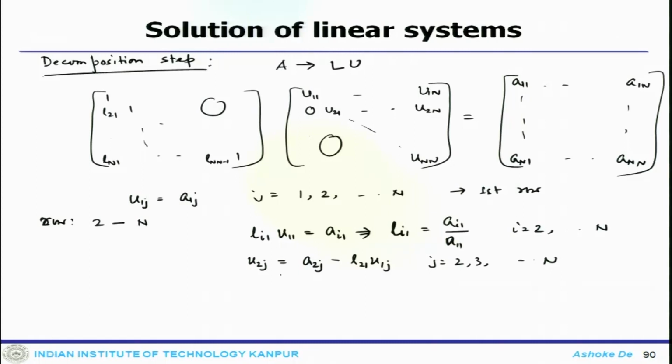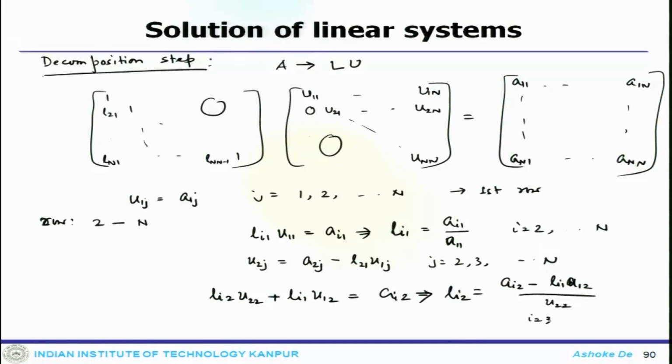And similarly for the third through nth rows, that will give Li2 u22 plus Li1 u12 equals ai2, which is Li2 equals ai2 minus Li1 u12 divided by u22, for which i goes from 3, 4 up to n. So this is how you get them.